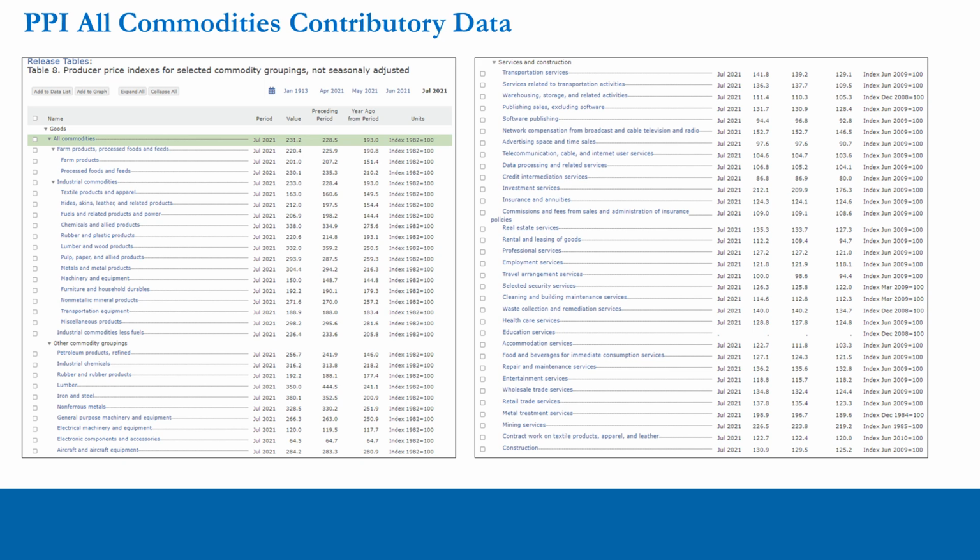So because there's a big overlap, there's a very good representation of the other commodity groupings inside the index. What isn't represented is obviously services and construction. Although many of the commodities that we see on the left-hand side will be input prices to the construction industry.